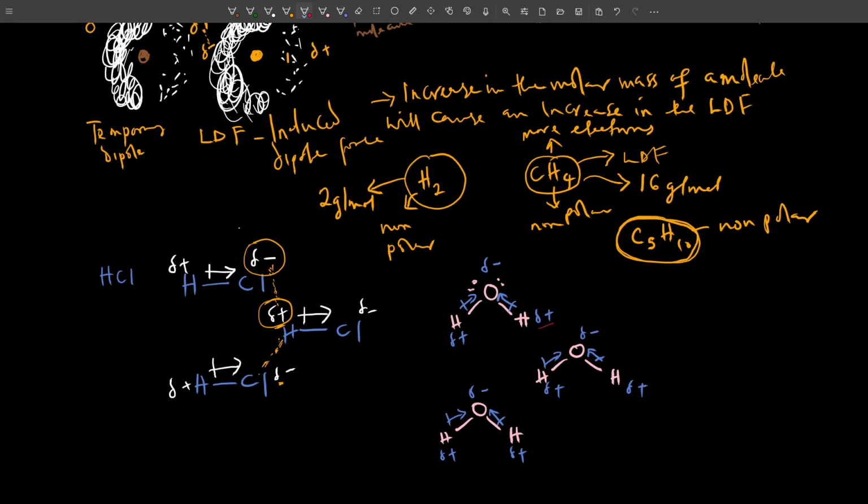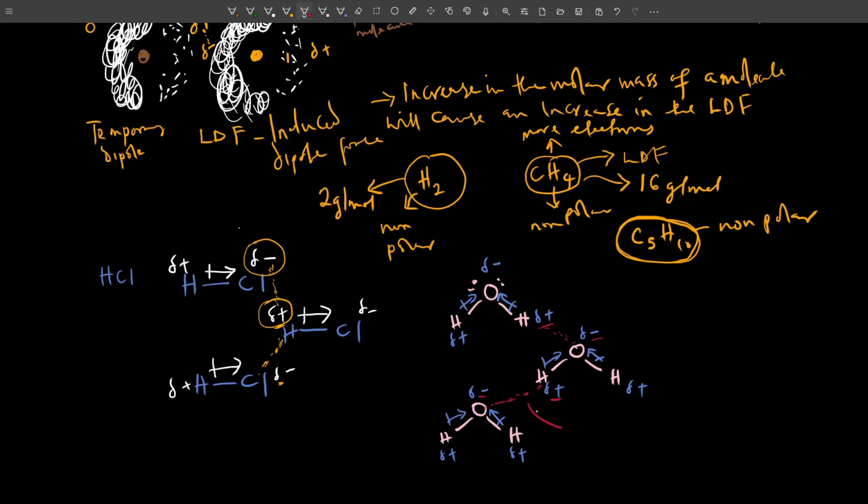You can see we have a positive dipole and we have a negative dipole. So what will happen? There will be an attraction between the positive and the negative. So there will be an attraction here, something like this in red. There will be an attraction here as well. This will have a positive, we have a negative over here. So there will be a kind of attraction here. You understand that?